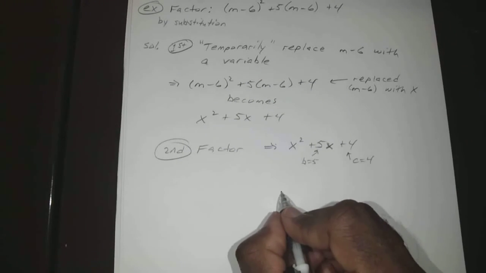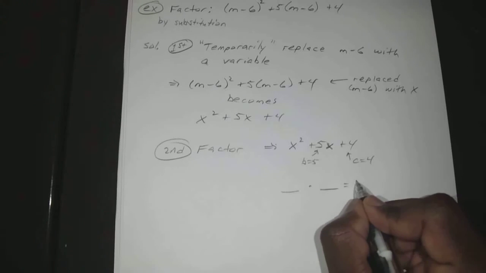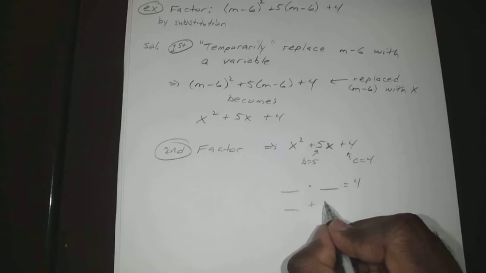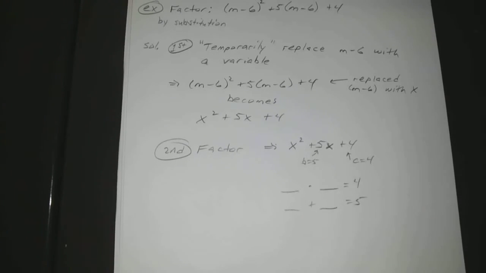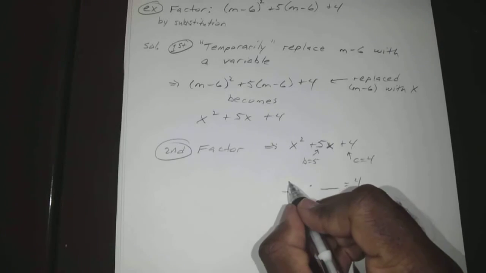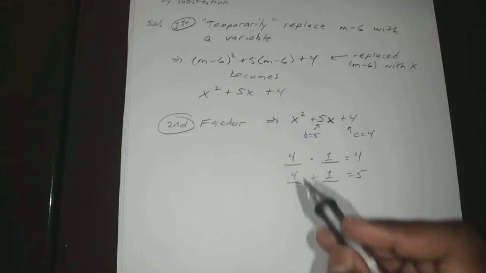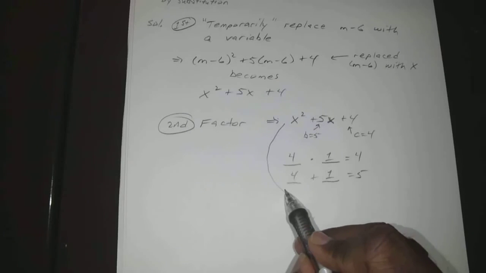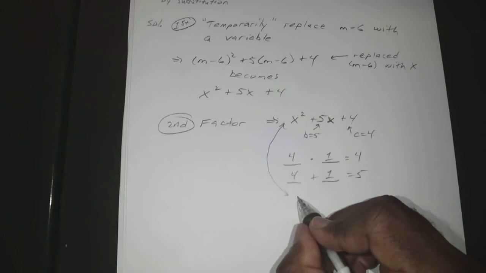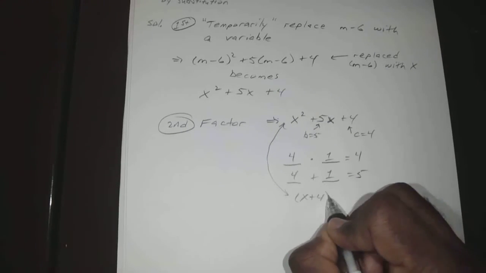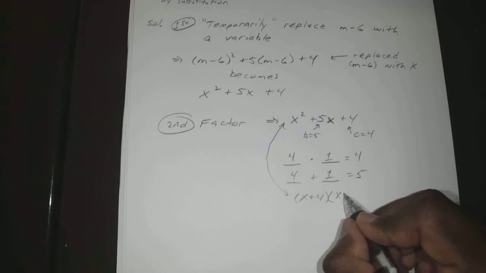Okay, so we have to find two numbers that multiply to equal 4, and those same two numbers add to equal 5. They only differ by 1, so you can use 4 and 1 and that'll work. So 4 times 1 is 4, and 4 plus 1 is 5. So we know that this factors into x plus 4 and x plus 1.